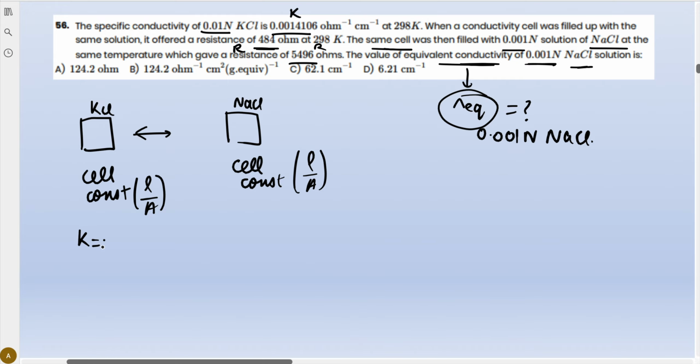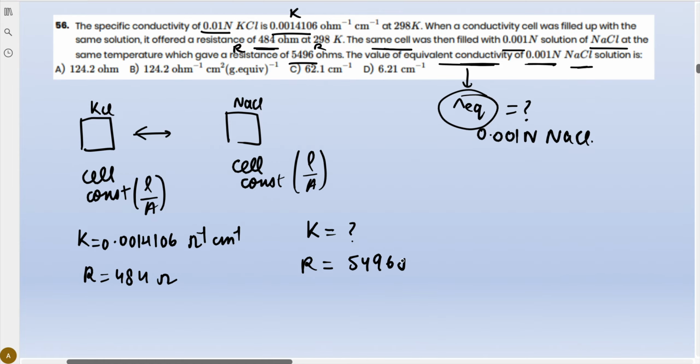Here K was 0.0014106 ohm inverse centimeter inverse, and here the resistance came out to be 484 ohm, and here K you don't know, and here the resistance came out to be 5496 ohms.